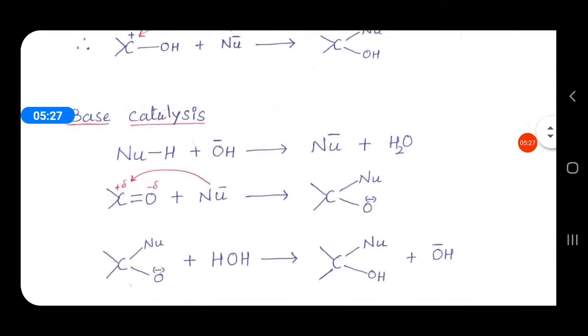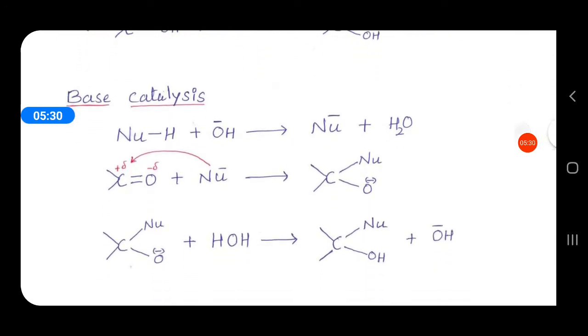Suppose in the basic medium, the nucleophile is generated from the conjugate acid. The conjugate acid reacts with the base and a nucleophile is generated. Then addition takes place. The nucleophile goes to the carbon, which has an electron deficiency, and attacks it.